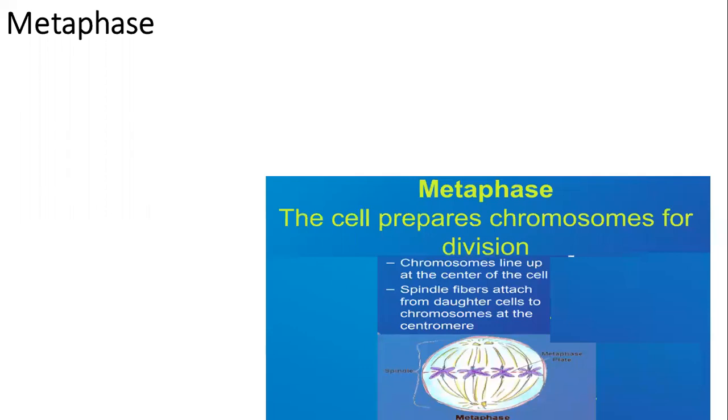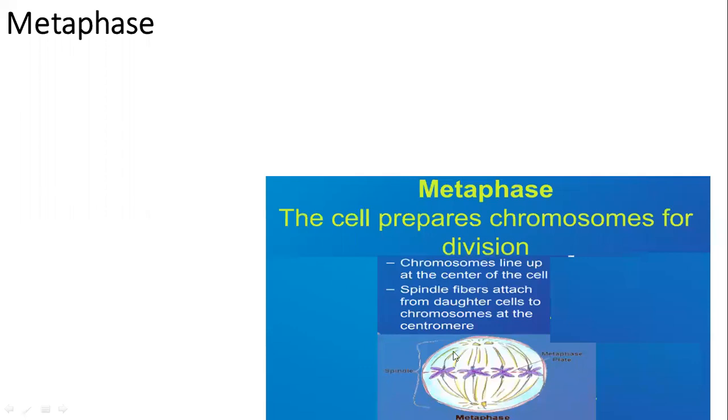Now we are talking about the metaphase. During metaphase, the cell prepares chromosomes for division. The chromosomes align themselves in an orderly manner at the center of the cell, otherwise known as the equatorial region, at the metaphase plate.